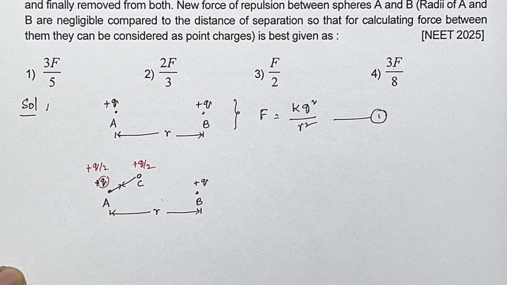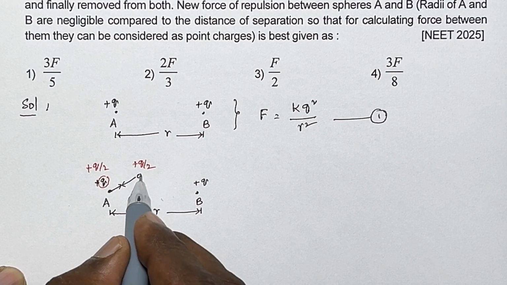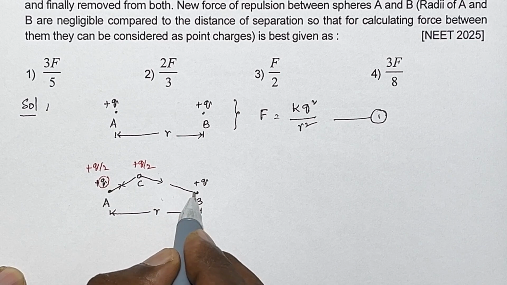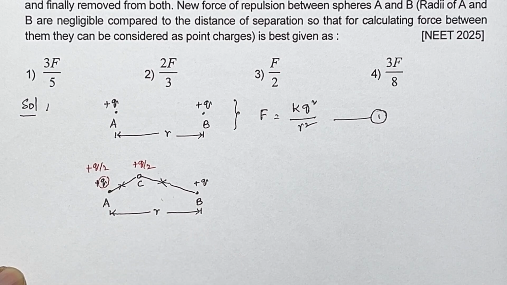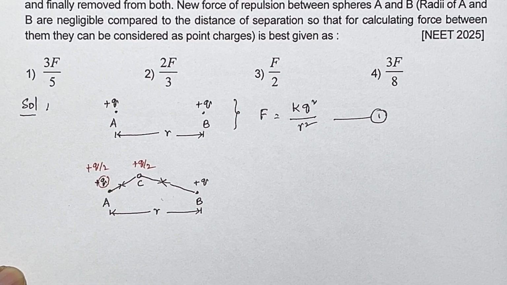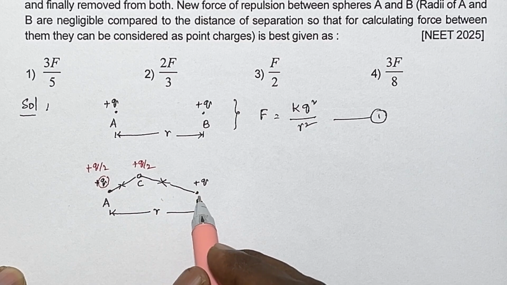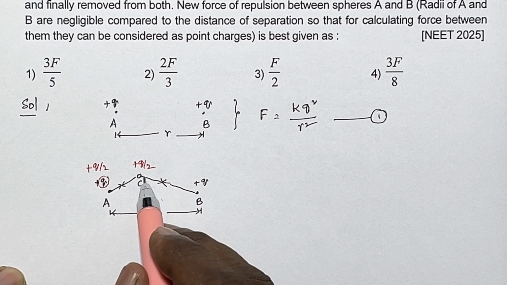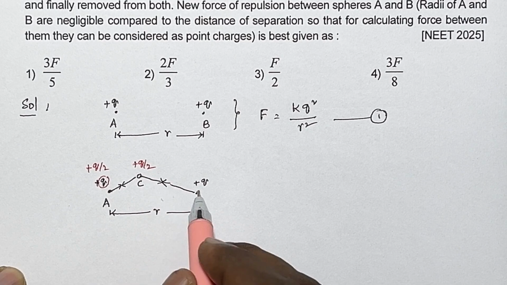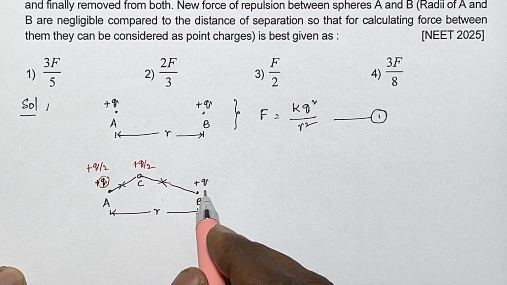Right. Now after that, this C and B are made into contact. So charge will flow from B to C till the charges on both of them become equal.